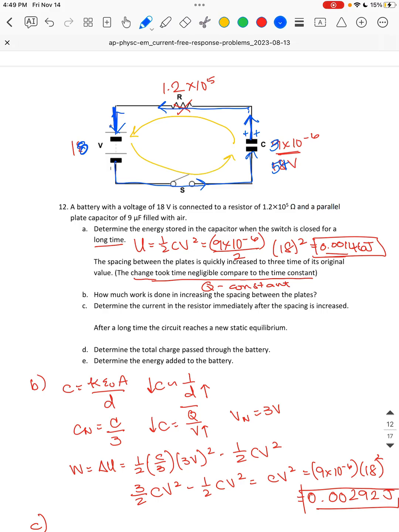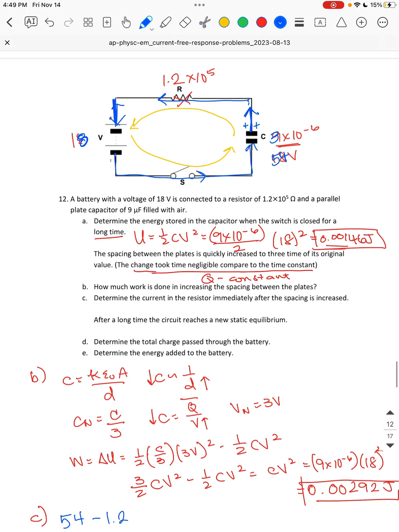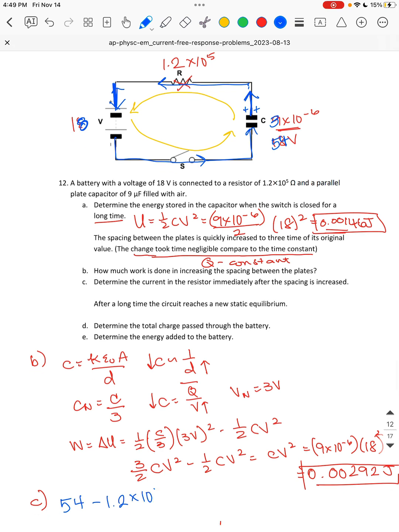And then we just do the loop rule for part C. So I start at the capacitor. That gives me 54 volts out of the negative into the positive. I'm going to go through the resistor, where my loop is going in the same direction as current. So it's negative 1.2 times 10 to the fifth times I, which is what we're solving for. And then I'm going to go into the positive side of the battery out of the negative, so that's minus 18 equals 0.